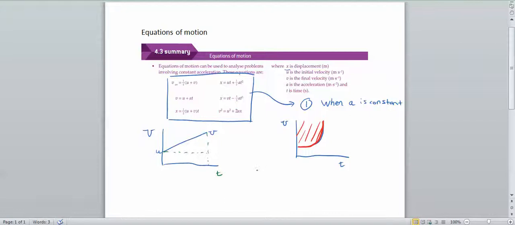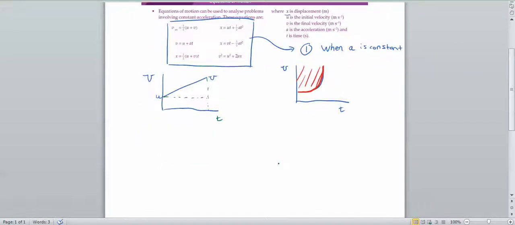Let's have a look first of all at the first one. We know that the acceleration, by looking at this graph, is the change in speed over the time. So the change in speed, well, what is that? Well, this change in speed is equal to the final speed, which we know as v, minus u.